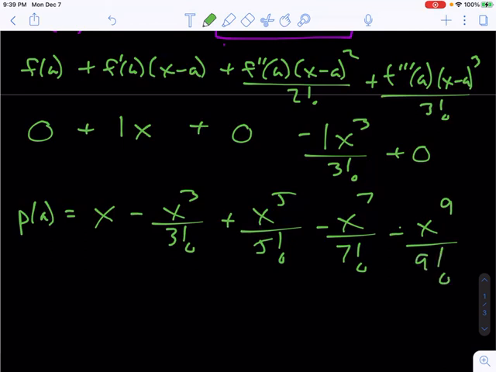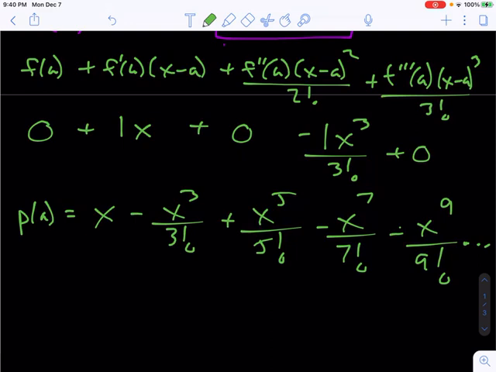And you could verify this by taking more derivatives and taking more and more terms to create this Maclaurin polynomial. This is a polynomial, and of course these are just the first 5 terms. They go on and on and on.